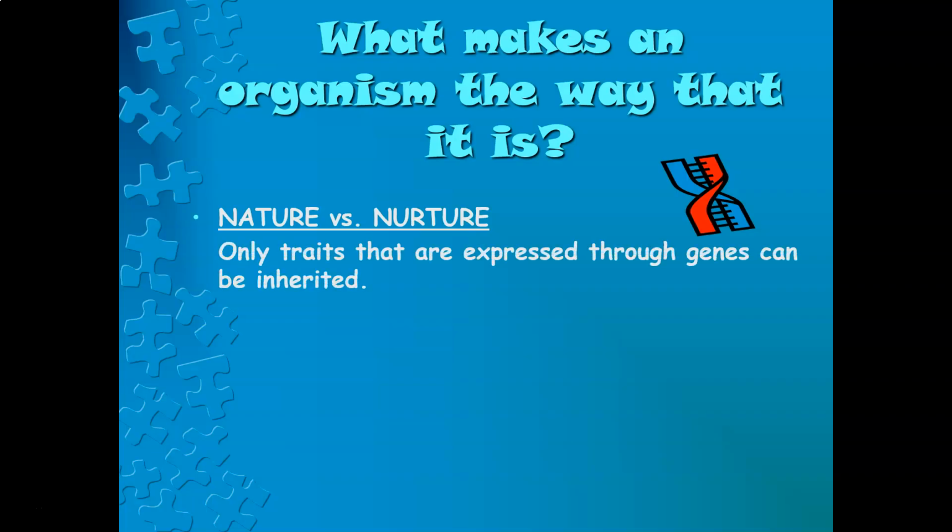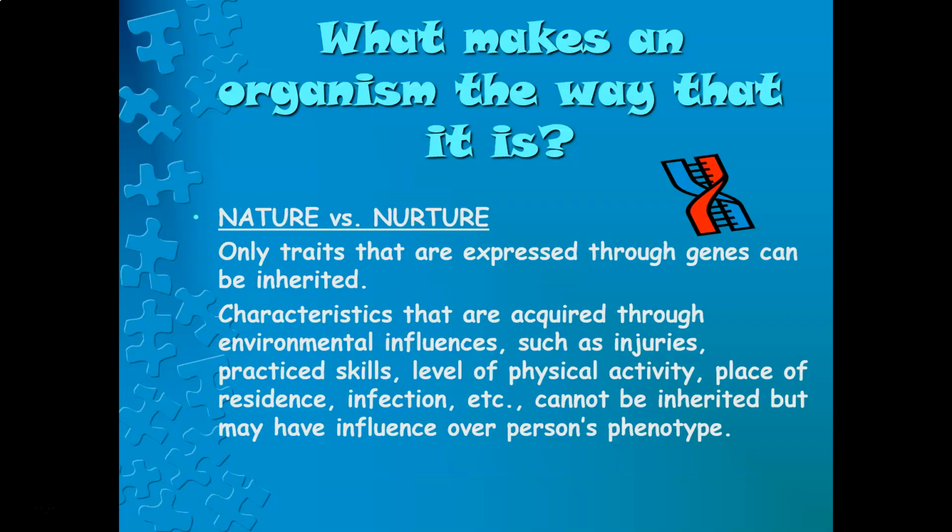And truly, all inherited information is overwhelmingly coded for in your A's, T's, C's, and G's. It's coded for in your genetics. So any characteristics that are acquired through environmental influences, more often than not, don't influence your genetics as a whole. So it's generally not something you're going to pass on to your kids.